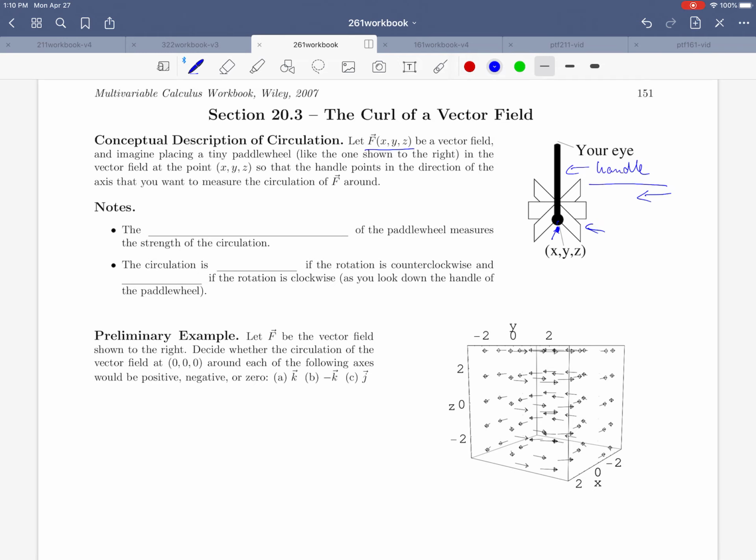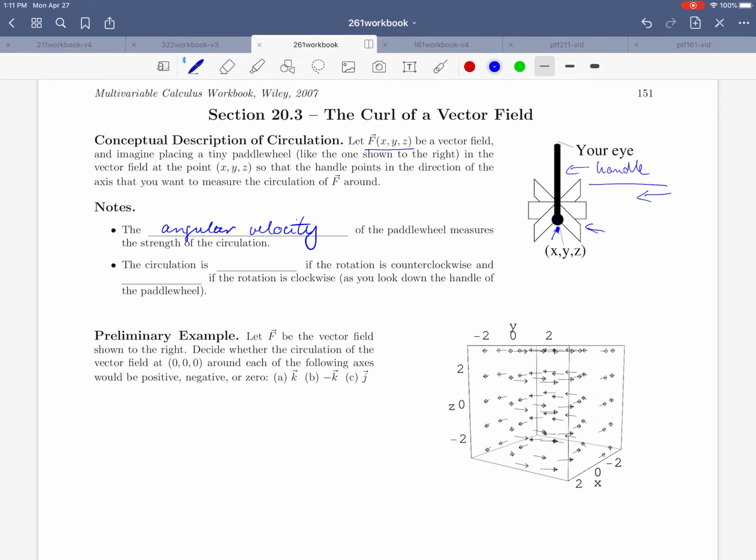And so we say that the angular velocity of our pedal wheel, once we made those choices, so how fast it's twirling, it's rotating, measures the strength of the circulation.